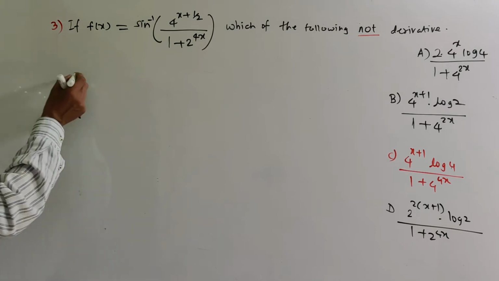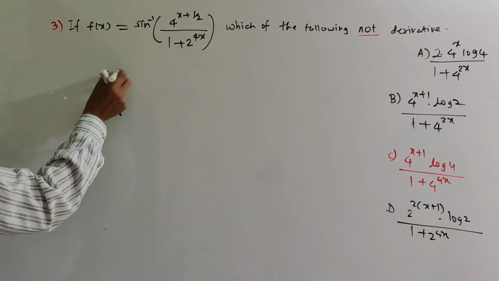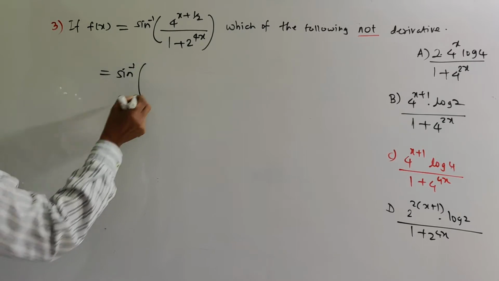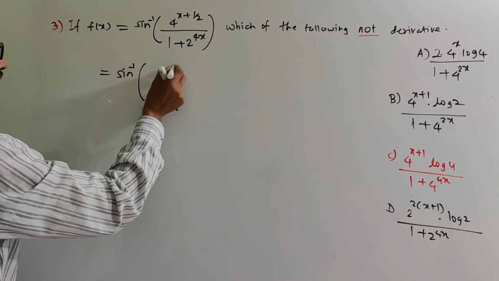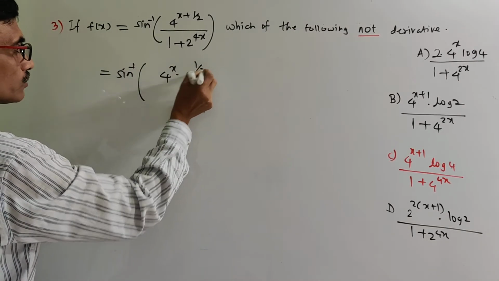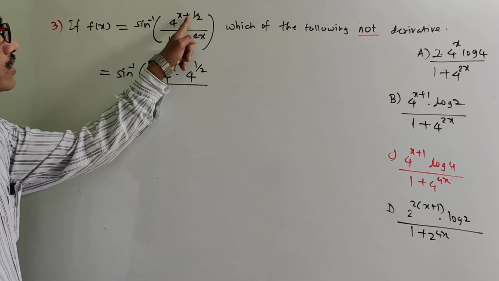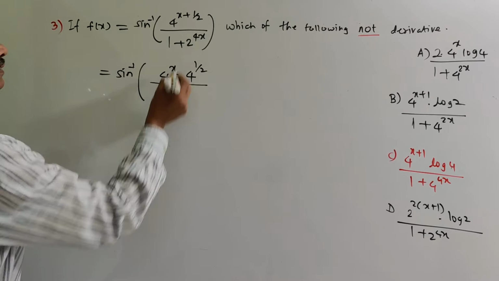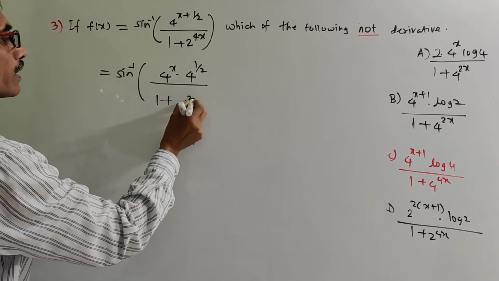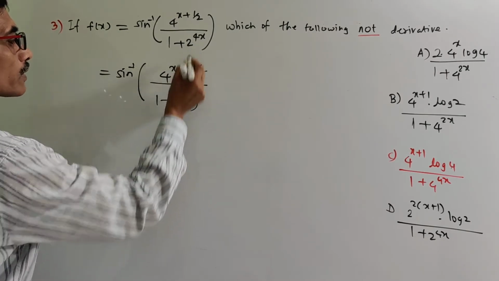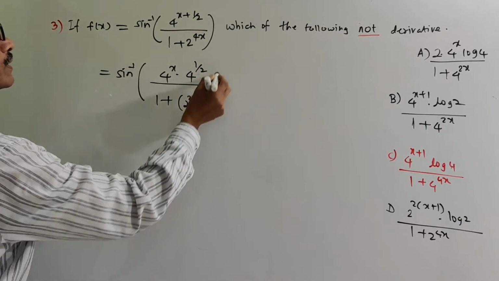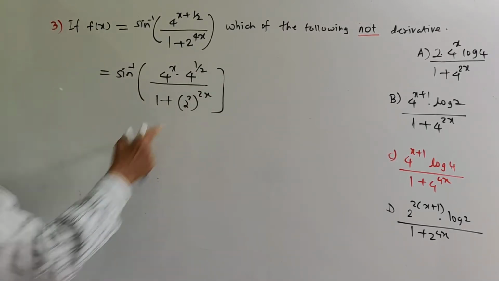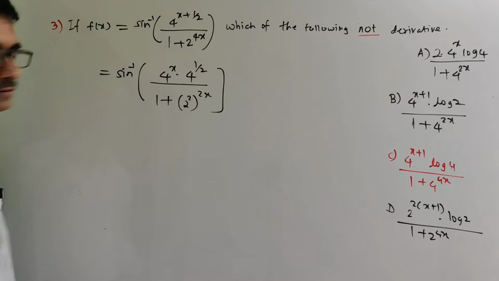So here we find f dash of x. So sine inverse of 4 raised to power x into 4 raised to power 1 by 2 we will write. Numerator 4 raised to power x and into 4 raised to power 1 by 2. 1 plus, this we will write as 2 square and again raised to power 2x, so that it is 2 raised to power 4x.